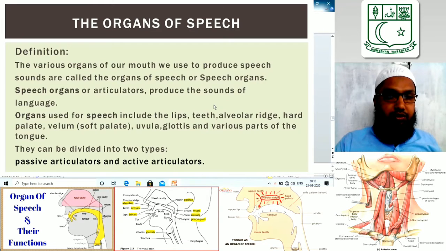Organs used for speech include the lips, teeth, alveolar ridge, hard palate, soft palate, uvula, glottis, and various parts of the tongue. They can be divided into 2 types, passive articulators and active articulators. So this is the definition for organs of speech.